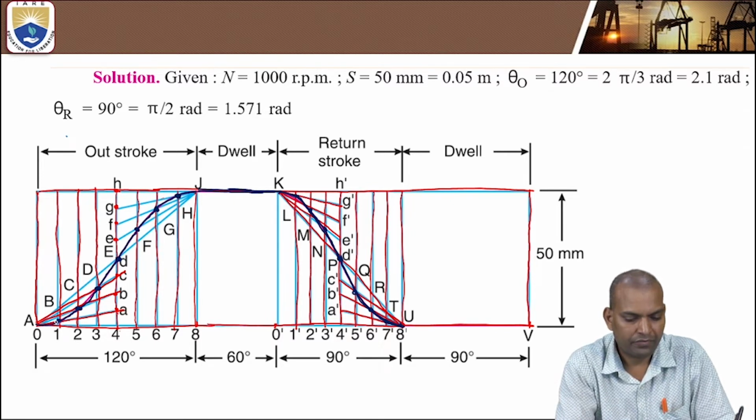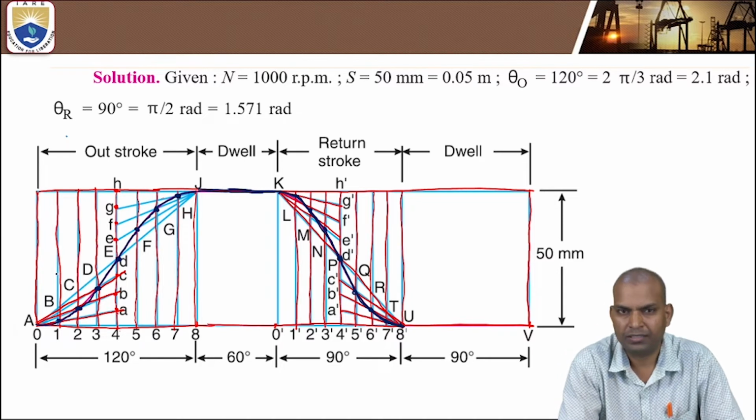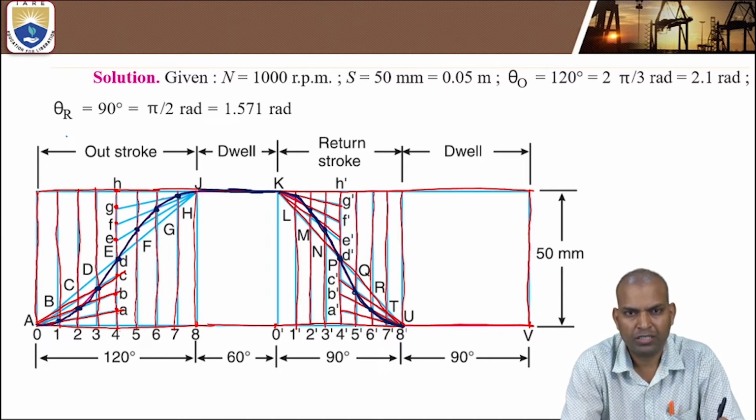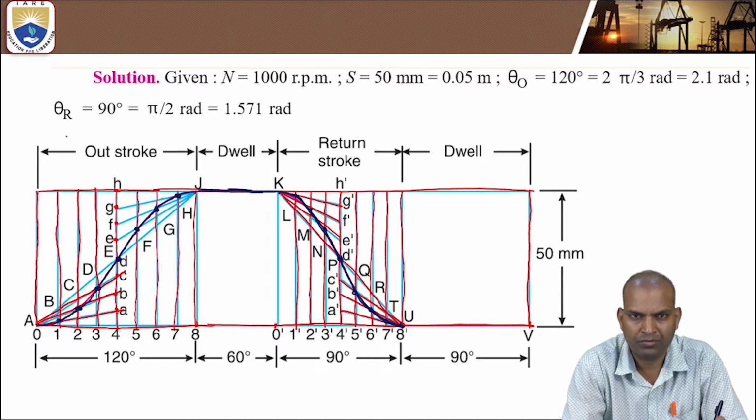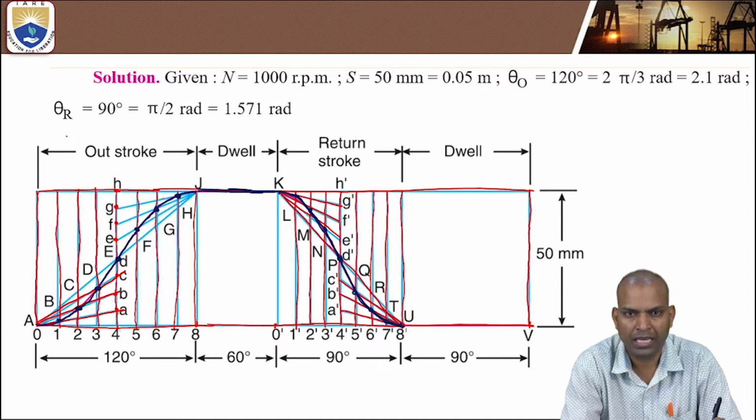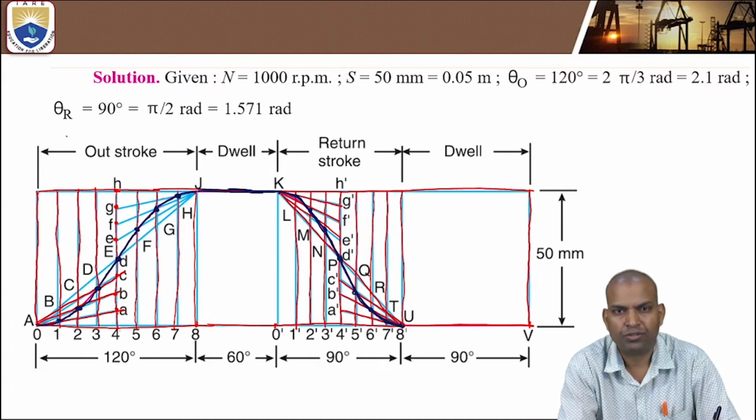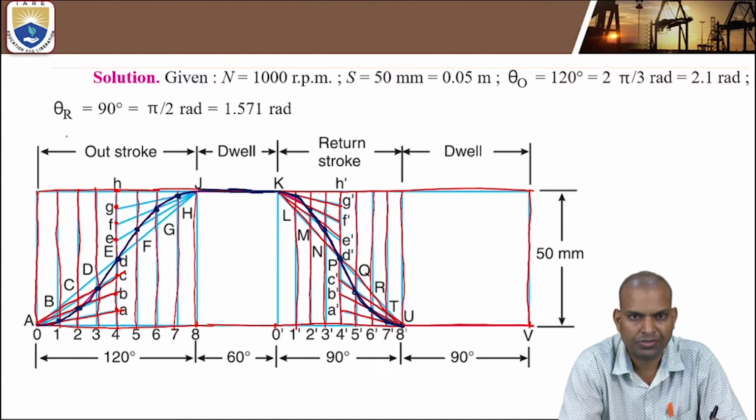What is the displacement curve of the follower? The displacement curve of a follower is the curve between the angle of rotation of the cam with respect to the motion of the follower. During outstroke, the maximum lift of the follower is 50 millimeters, and during return stroke it comes back again 50 millimeters.